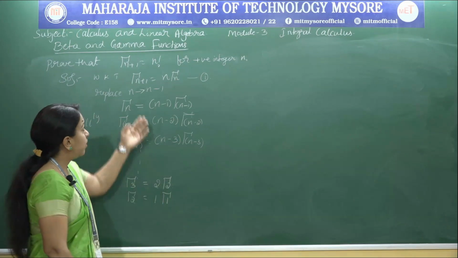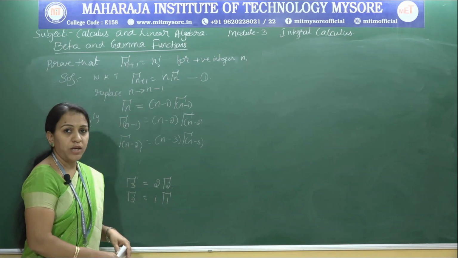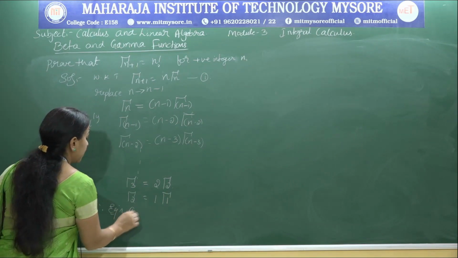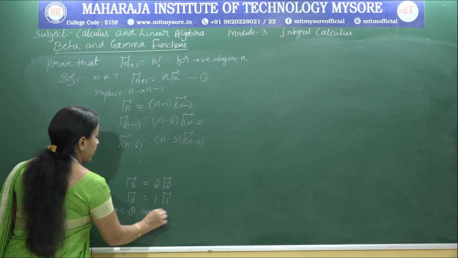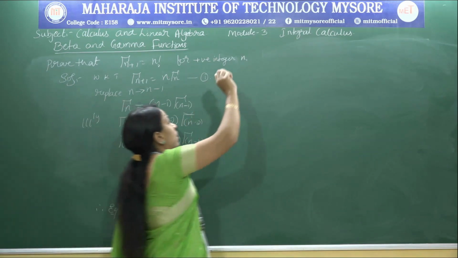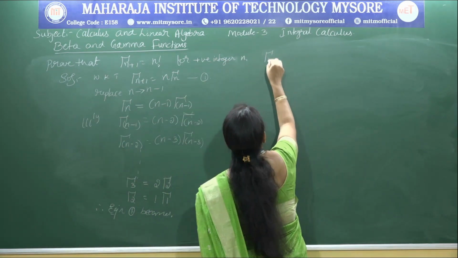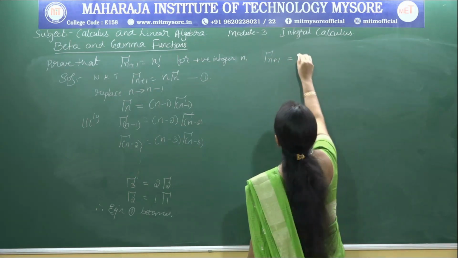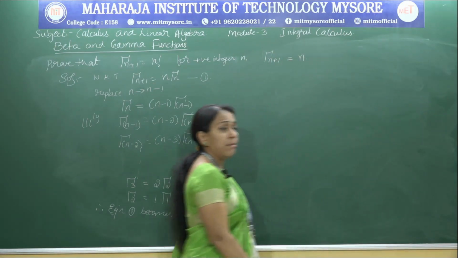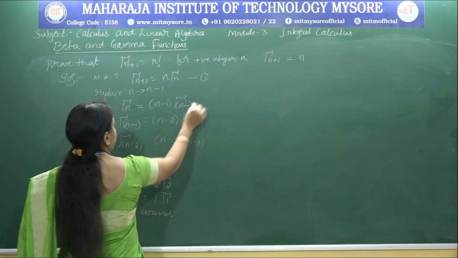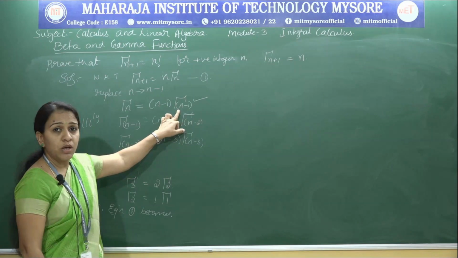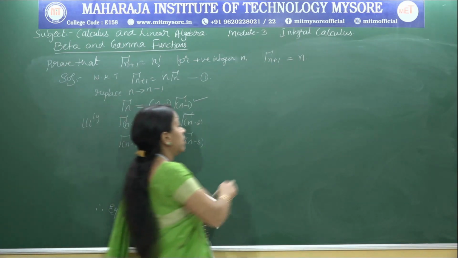Now, substitute all the values in equation 1. Therefore, equation 1 becomes gamma n plus 1 is equal to n into, I replace gamma n. What is gamma n here? Gamma n is n minus 1 into gamma n minus 1. So, I replace that.